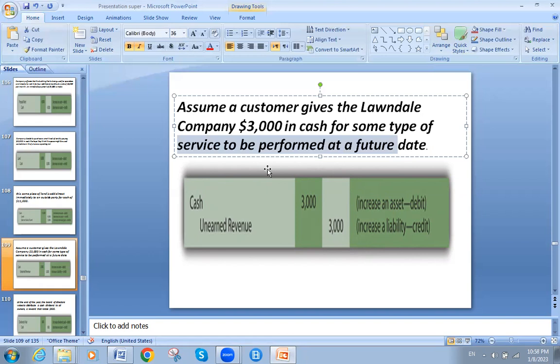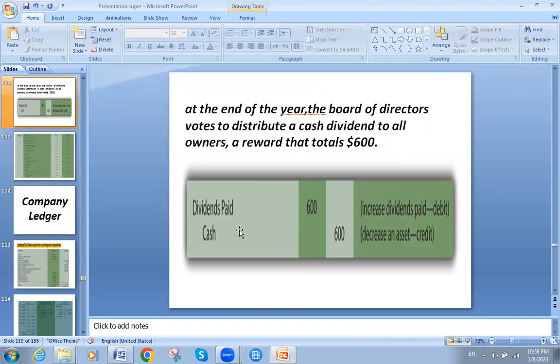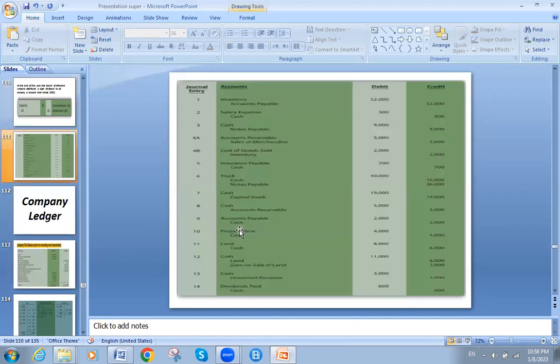You didn't perform the service for him now, but you will in the future. So it's from cash, because the cash is increased, to unearned revenue. Unearned, because we didn't do it. We just have the money, and we promised him that we will do the service in the future. So this is 3,000. That's what I want you to know today about our transactions.